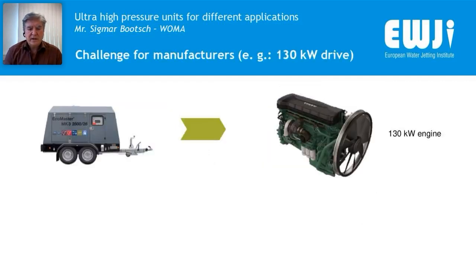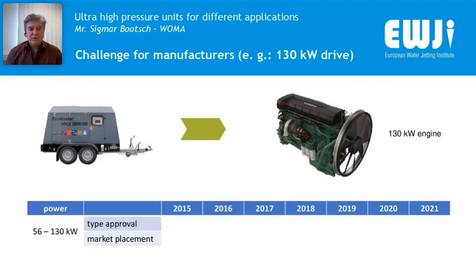We as manufacturer had some challenges to update this trailer to stage 5. One of the biggest challenges was the diesel engine. In this trailer, a 130 kilowatt diesel engine from Volvo is used. So for every power range, there is a timeline of type approval, and the market placement for the engine was planned 1 year after the approval.